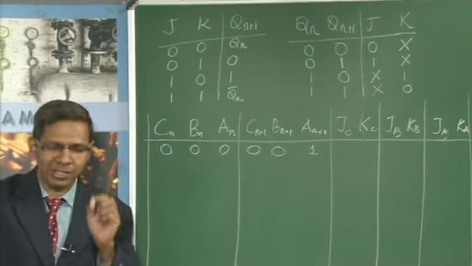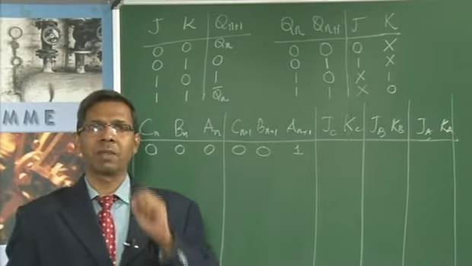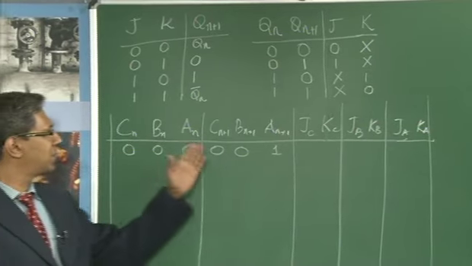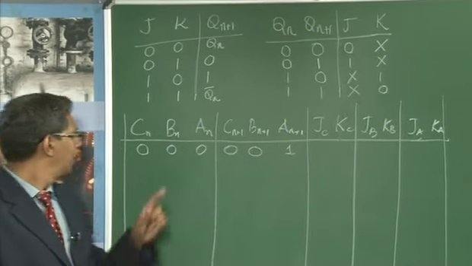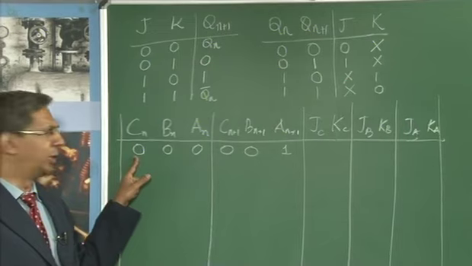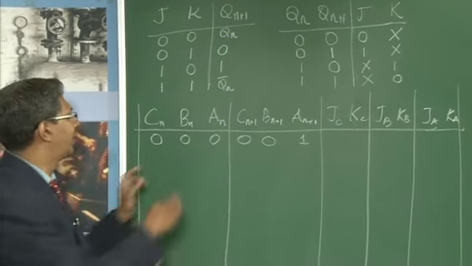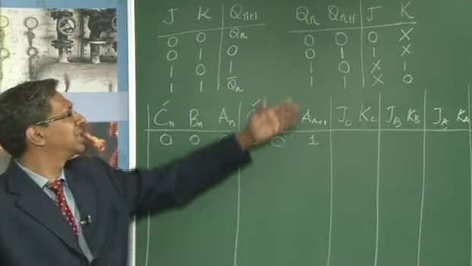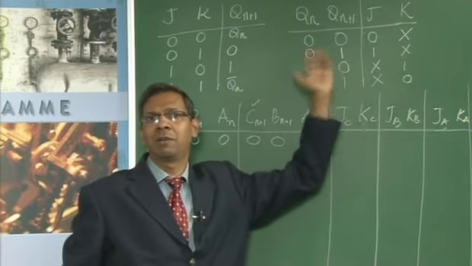Now let us look at them one flip-flop at a time, that is bit by bit. Initially, only concentrate on flip-flop C. By previous state I mean Cn, by next state I mean Cn plus 1, as in the state transition table that we have here.